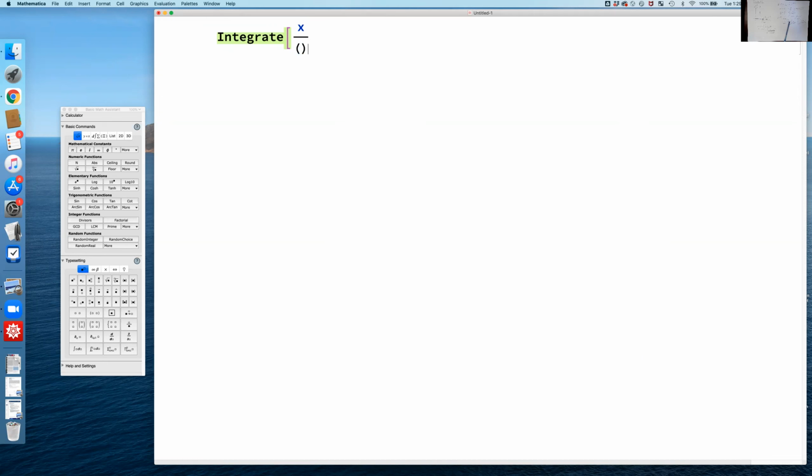Okay, so Control-6 is going to give me that superscript. x squared plus z squared. Okay, this is my function. And then I'm going to say, okay, comma x, and that should do the integral for me.